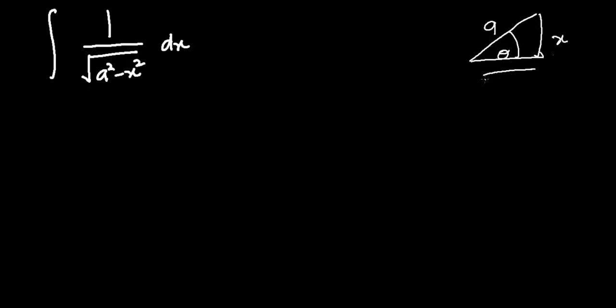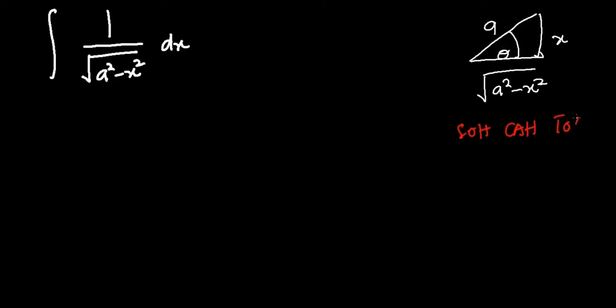I'm going to make this side the square root of a squared minus x squared. Now that we have our triangle, let's write equations for the sine, the cosine, and the tangent of the angle.